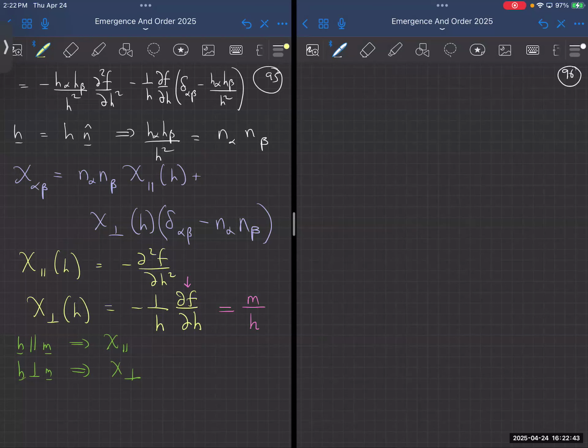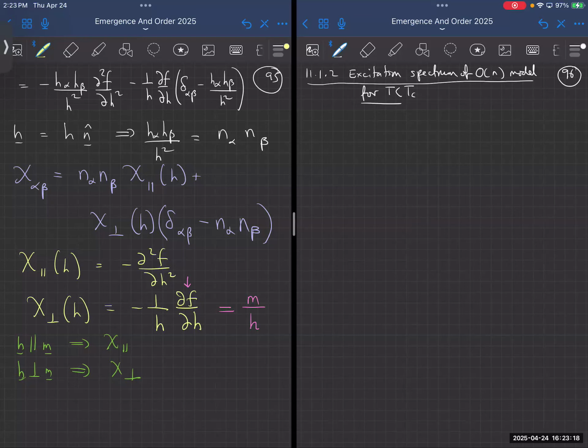So this is now section 11.1.2. So we're going to look at the excitation spectrum, the ON model, for T less than TC.